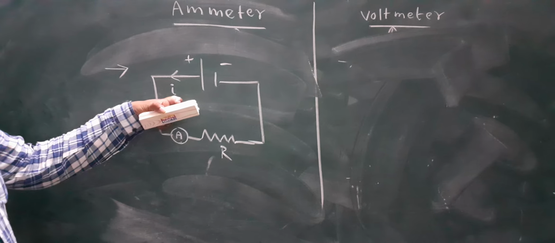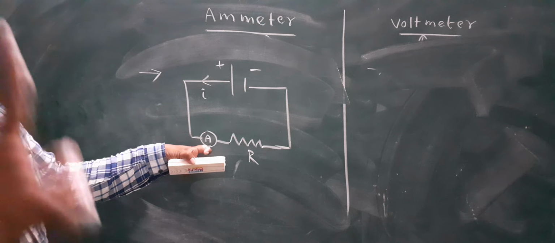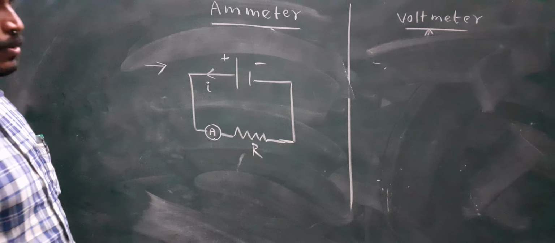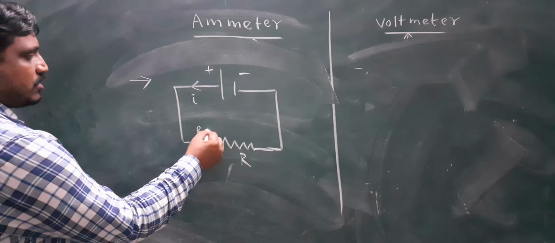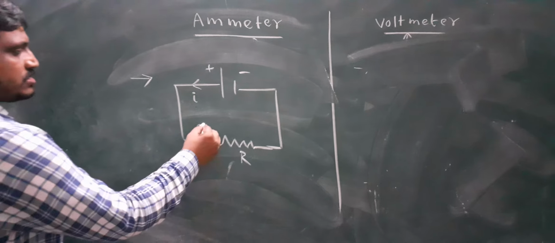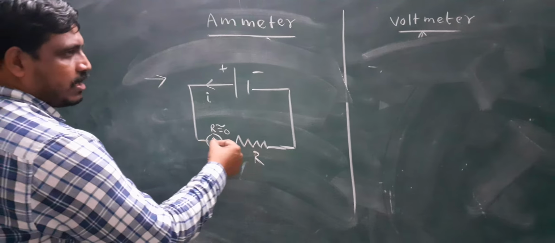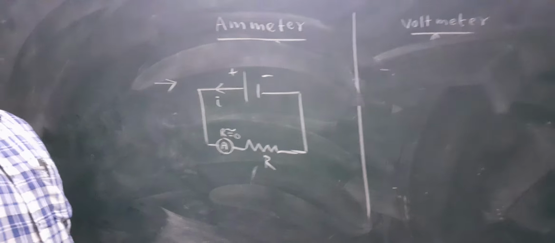Here I is measured using the ammeter. Why is the ideal ammeter resistance 0? Because then the ammeter cannot alter the resistance of the external circuit.